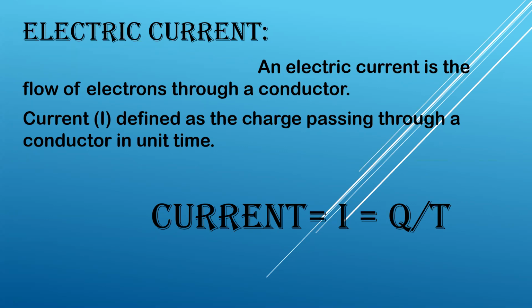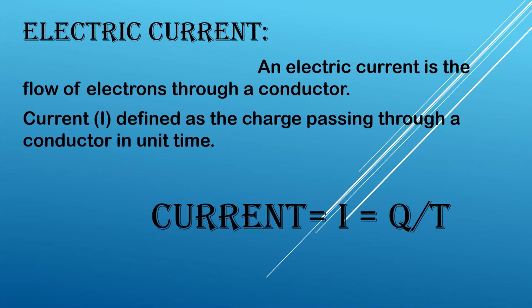An electric current is the flow of electrons through a conductor. It may be a copper wire, an aluminium wire. All these are good conductors, children.